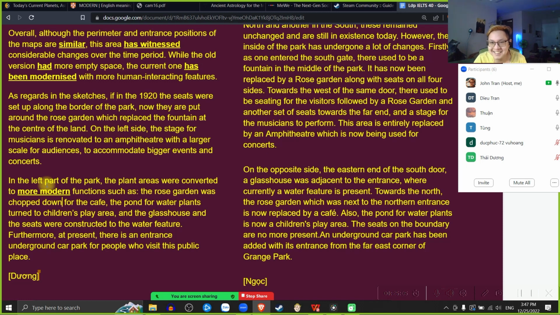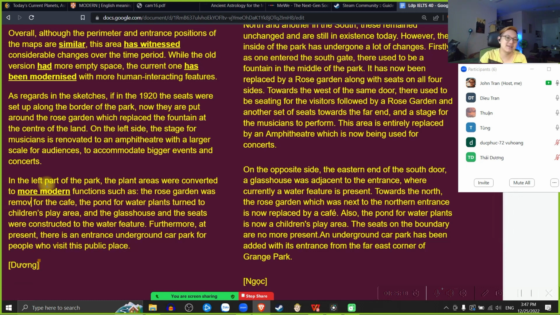Uprooted. Okay. I should use a more appropriate word. Yeah, the rose garden was, let's say, removed. That's a milder word, meaning it was taken away.